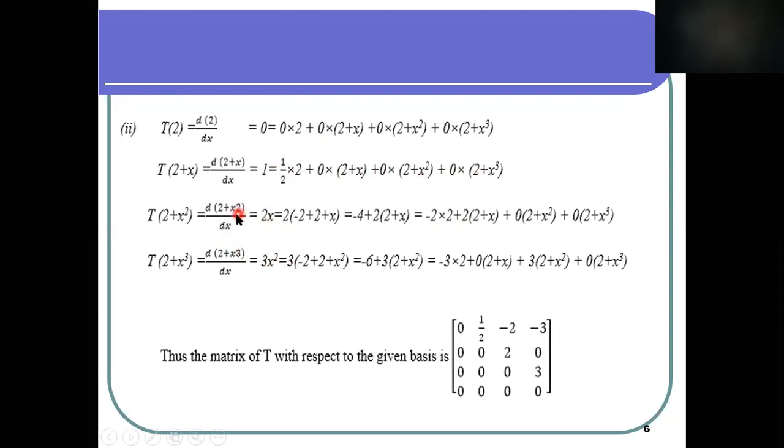In that case, dear student, if you look over it, it must be 2 to the power x squared.